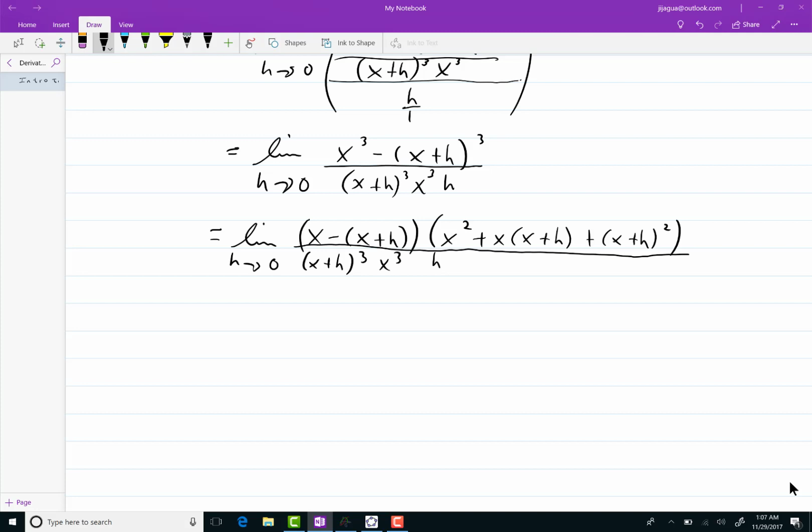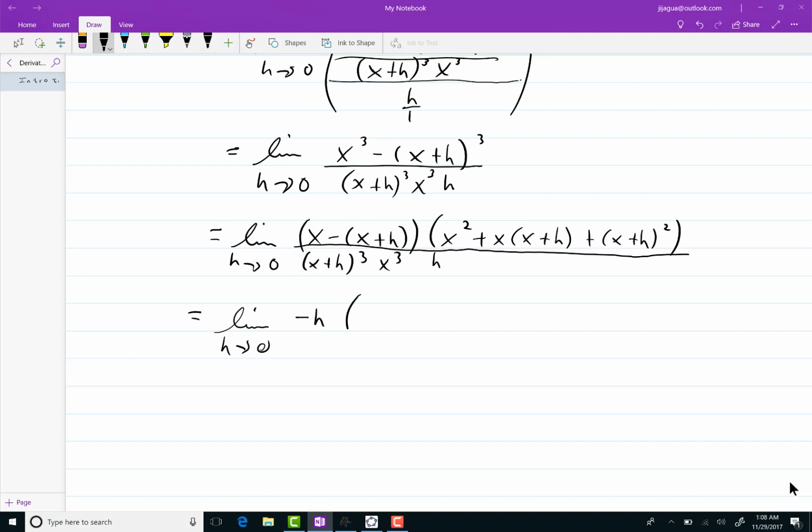Now, I'm not going to simplify a lot except this first part here, this x minus x plus h. I can rewrite it as the limit as h goes to 0. x minus x plus h just leaves me with a negative h.